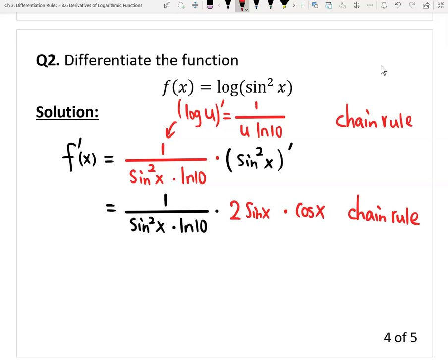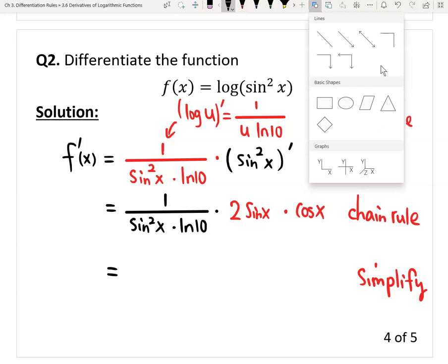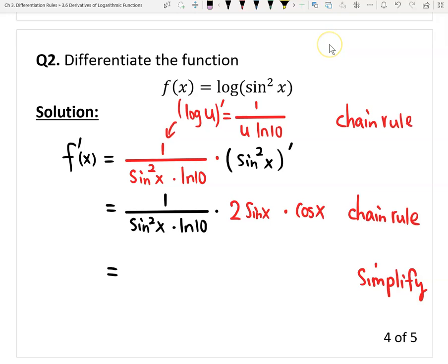The last step we're going to simplify. See what we get. We will get a fraction, of course. I'm going to write the fraction. A little bit shorter, it's good.